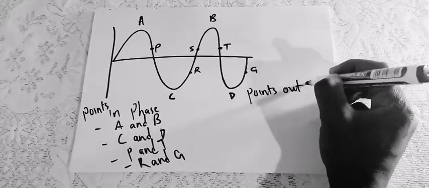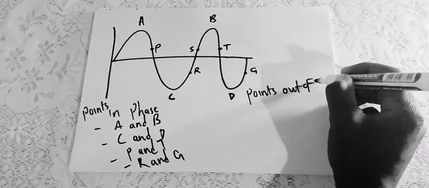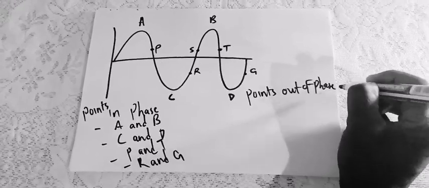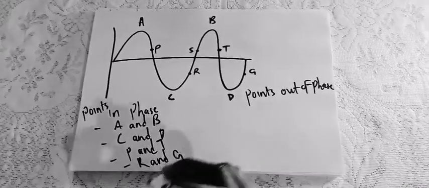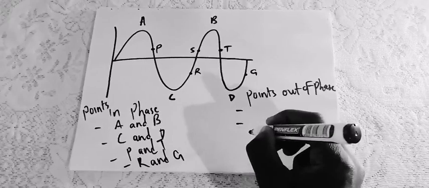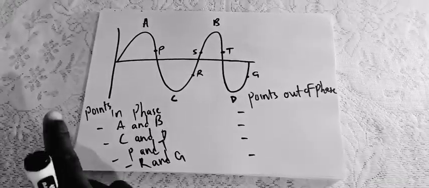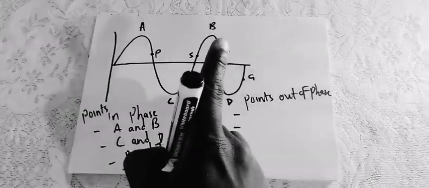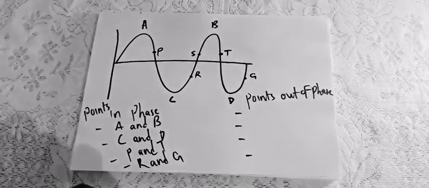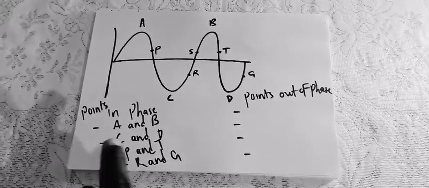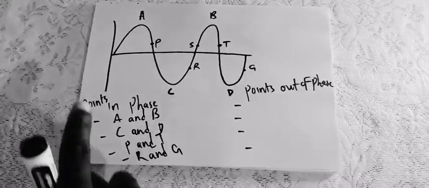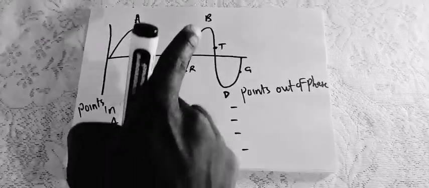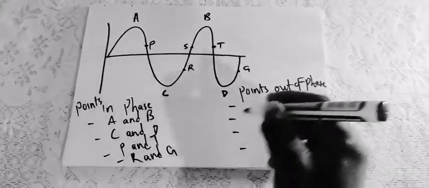Points out of phase. Now, a trough and a crest. Those points are out of phase. So A and C, they are out of phase. B and D, they are out of phase.